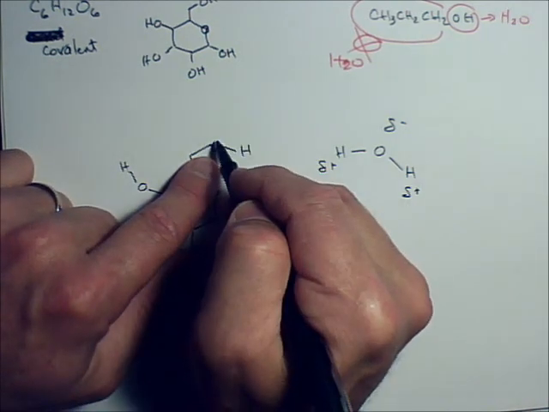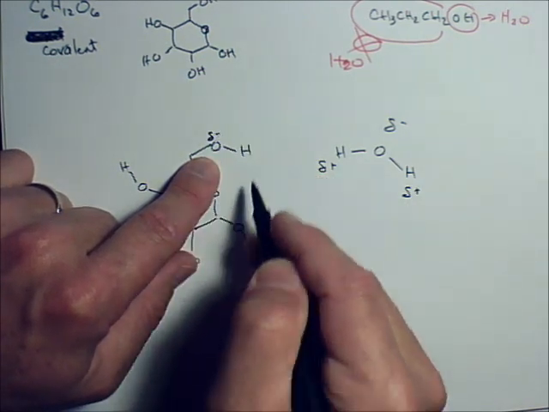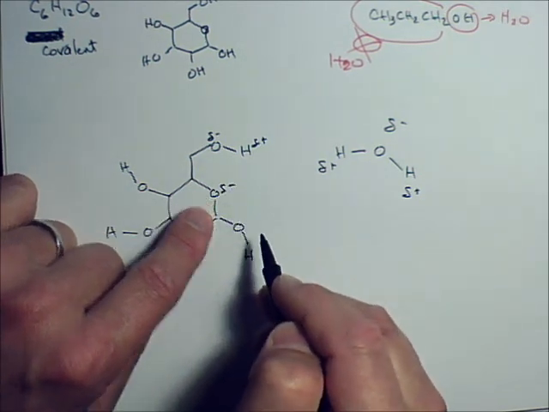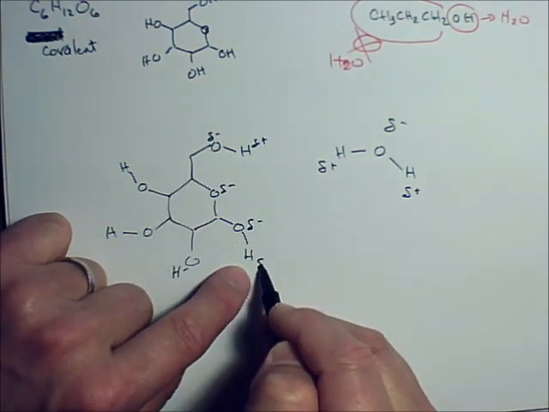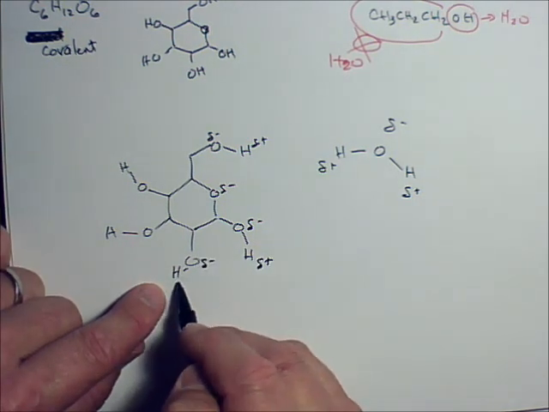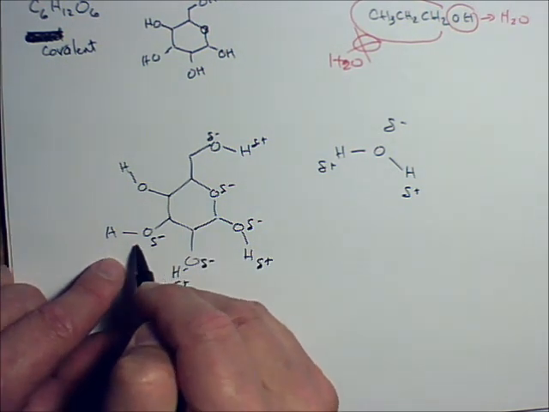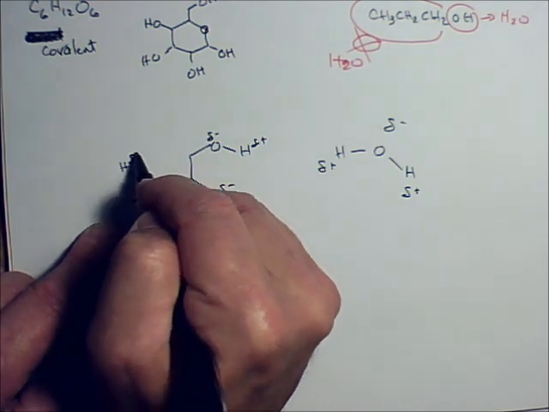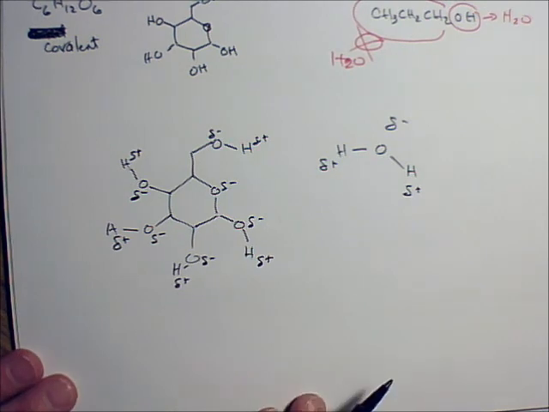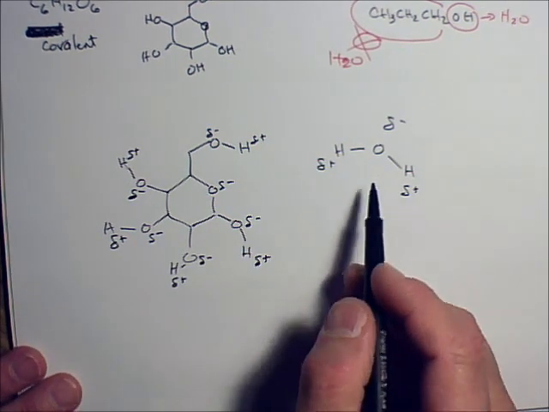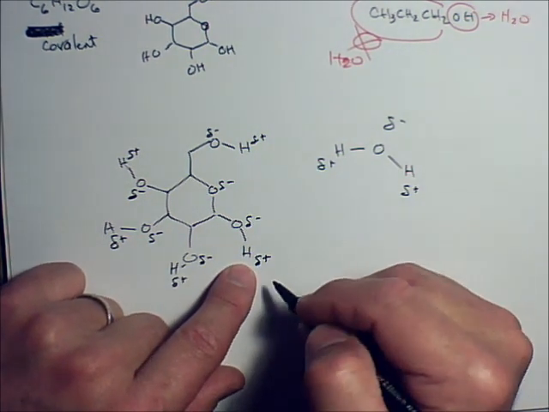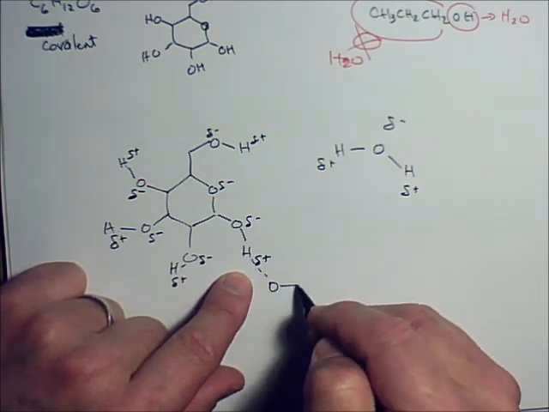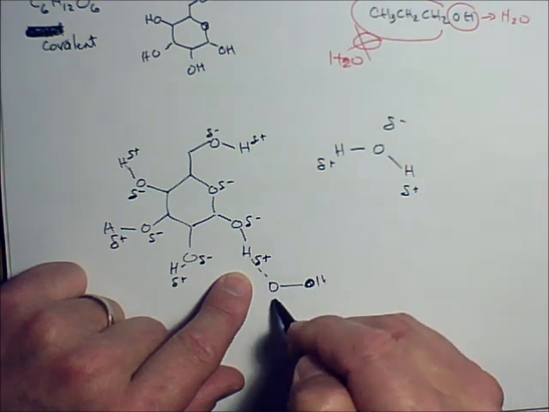This is also partially negative here and partially positive here. So partially negative, partially positive. Okay, getting a little bit complex here, but look, if there's a partially positive end, then it's going to have a hydrogen bonding attraction to the water molecule's oxygen end.